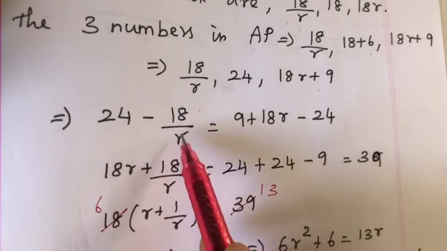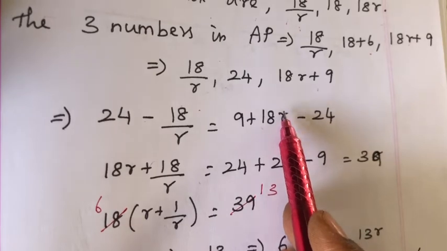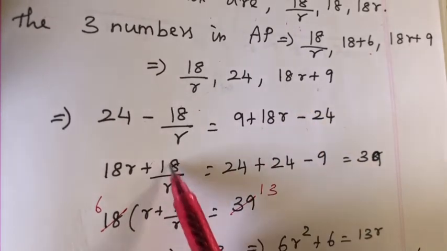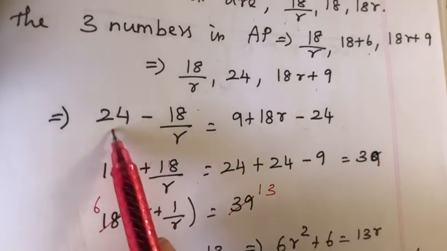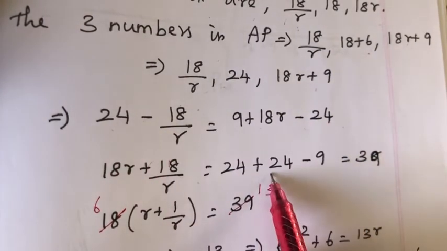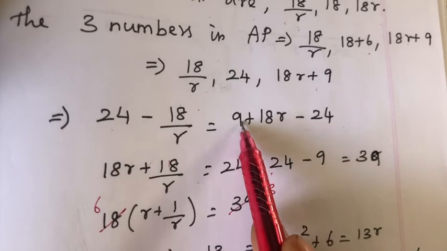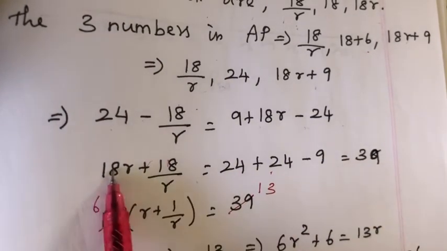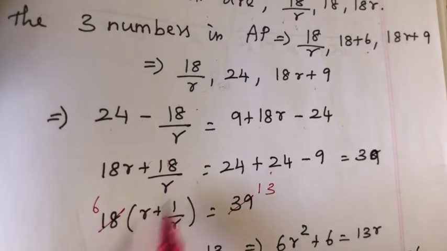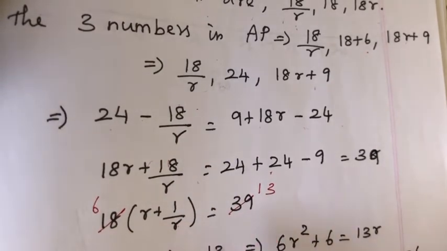So, minus 18 by R, while going to this side it will become 18R plus 18 by R and all the constant terms to this side. Already we have 24, minus 24 will become plus 24, plus 9 will become minus 9 and it is equal to 39. So, if I take 18 as common, R plus 1 by R is equal to 39.